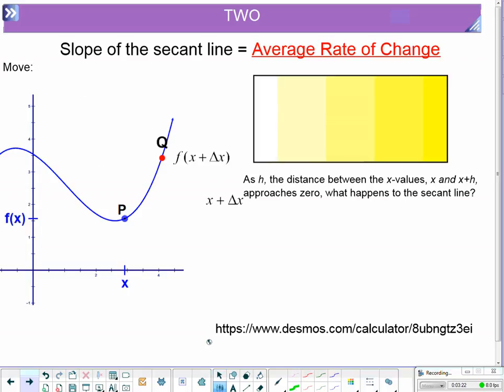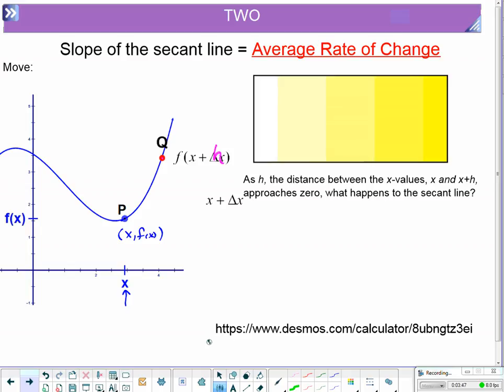So this point right here we could refer to as x, f of x. You can see here's my x, and then travel over to the y-axis, and we get f of x. My second point I've identified as Q up here, and I can refer to it as f of x plus, instead of delta x, let's just call that change of x h.